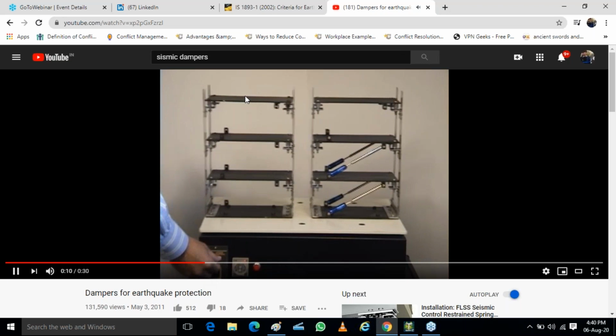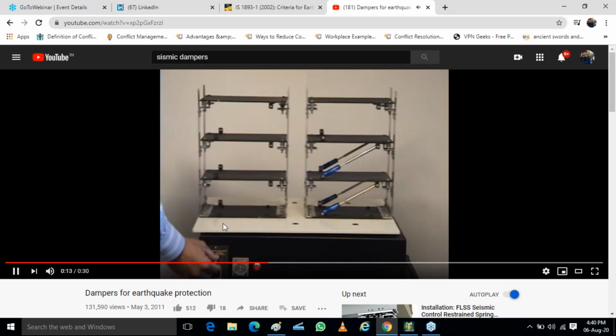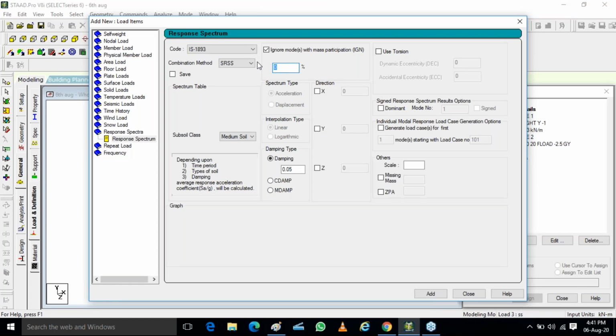Once the intensity increases, the whole building starts moving in a synchronized way. So we consider those modes only where the building mass is contributing to the movement with 90% of its weight. So for that we include 90% as per our code.